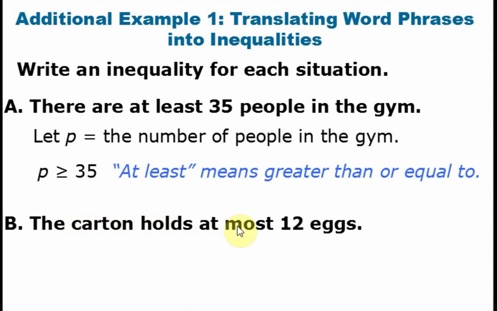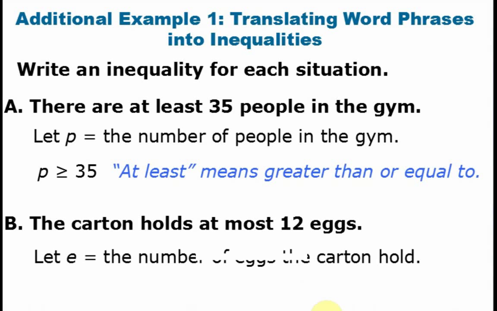The carton holds at most 12 eggs. What do you think is going to be the inequality here? Can you think before I pop my answer? All right, I'm popping the answer. We say let E be the number of eggs the carton holds.